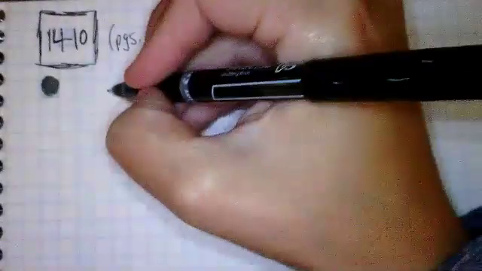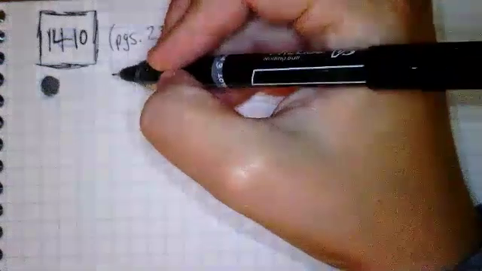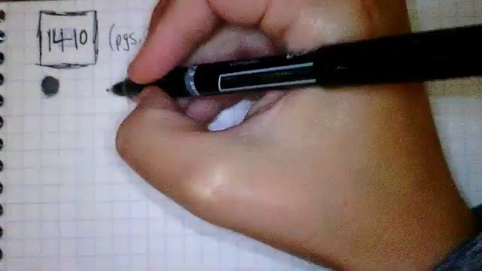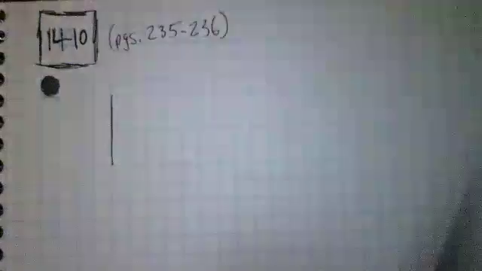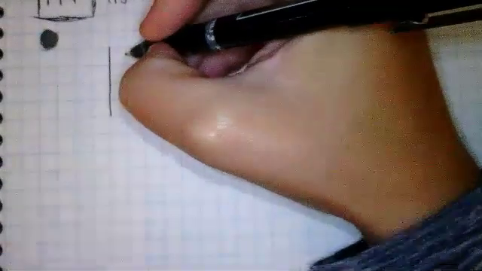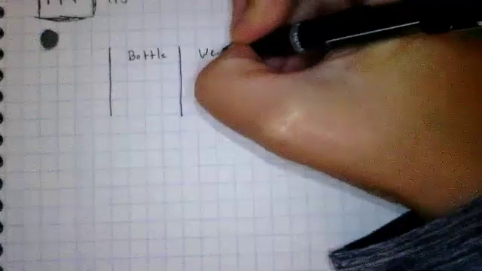So, we're going to make our table. And we have how many bottles? We have 3 bottles, right? So, I'm going to make this table 4 squares tall. Because I'm going to have bottle. I'm going to have weight.